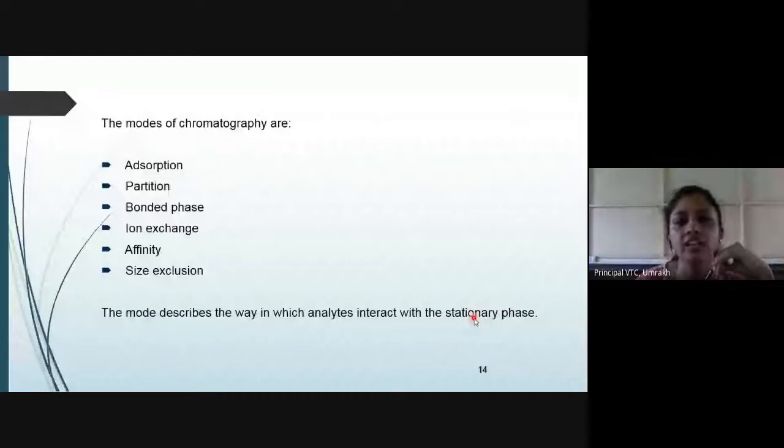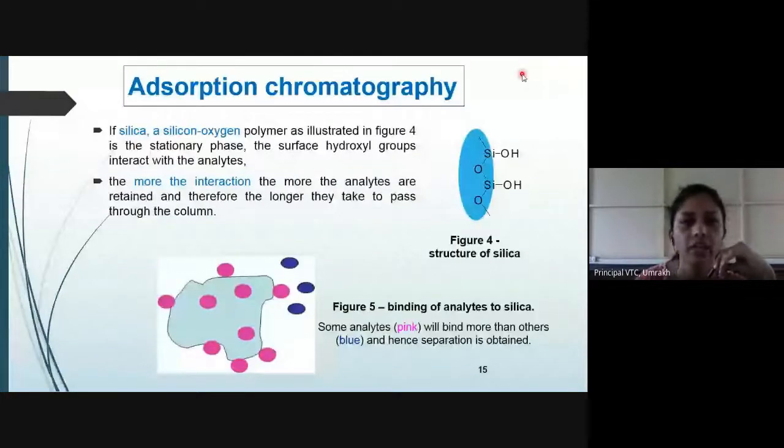You can assume from the names which kind of separation principle is there. Now first of all, we will go to the adsorption mode, adsorption chromatography.